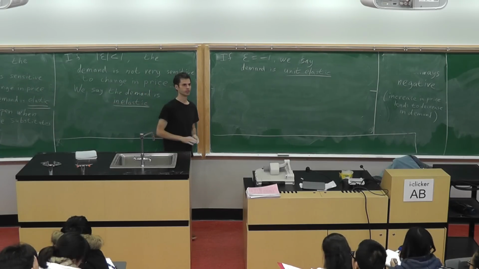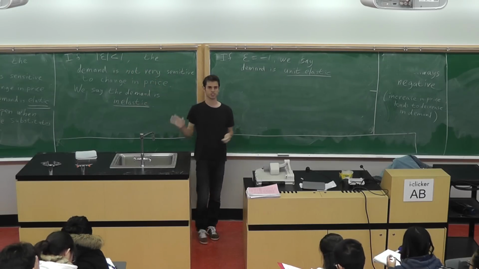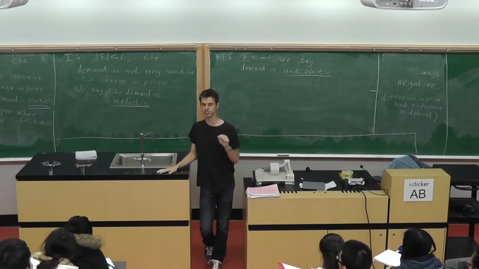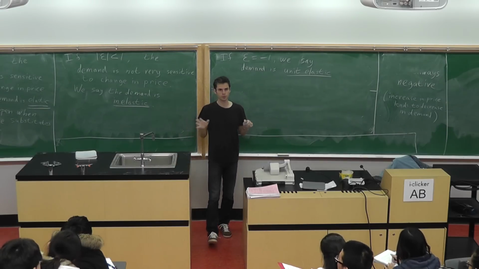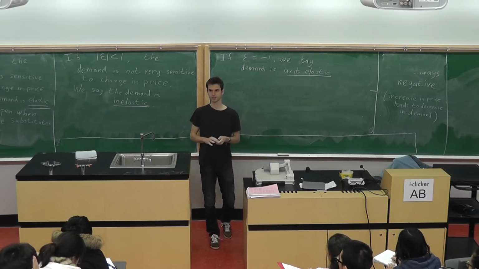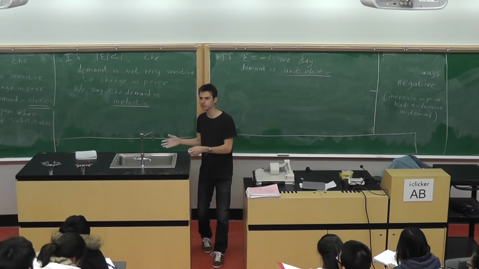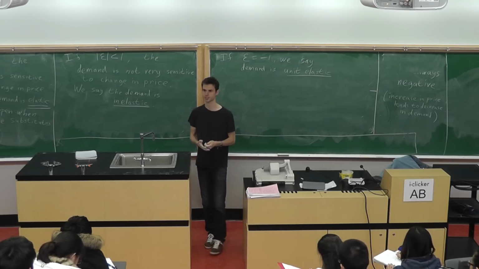In the opposite situation, suppose that epsilon is really small, say 0.1. It means that for every 1% increase in price, only 0.1% of consumers will stop buying. Well, what does it mean? It means that the consumers really need your product and they can't change it to anything else.